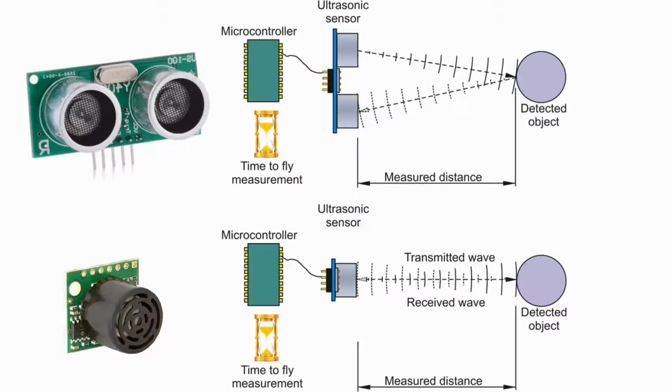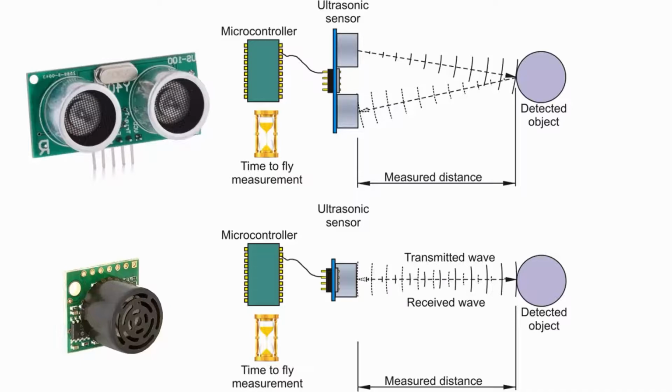So it comes in two different forms. In the top one you can see a transmitter and a receiver. Two separate transducers are there. One is used for transmitting the sound pulse, and another is for receiving or detecting the sound pulse. Here the transmitter transmits the ultrasonic pulse.